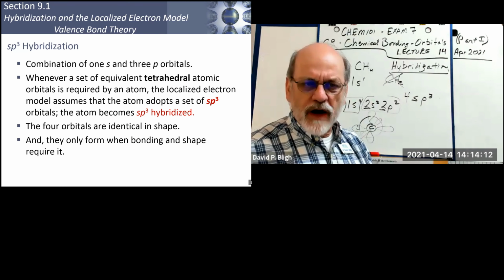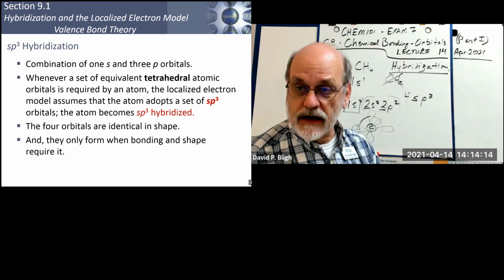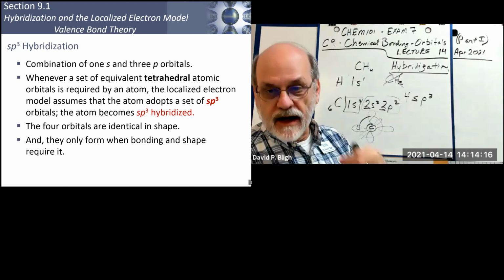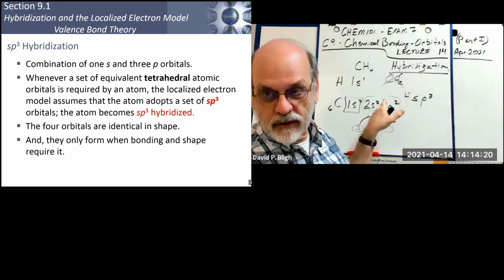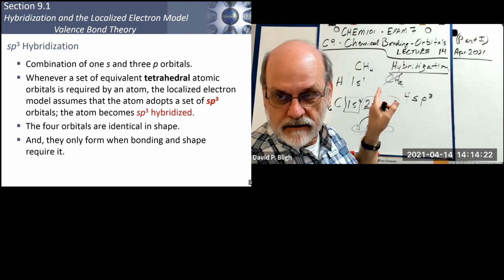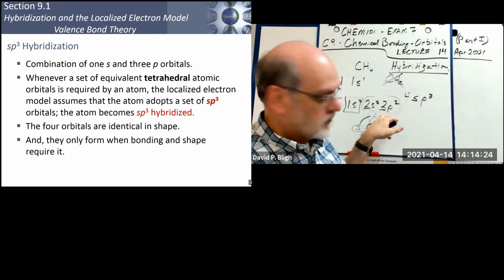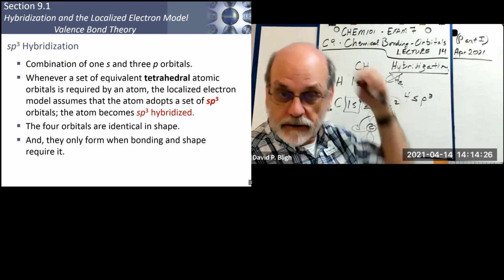Okay, so sp3 hybridization is the combination of that 1 s and the 3 p orbitals that are available in the second principal quantum number.